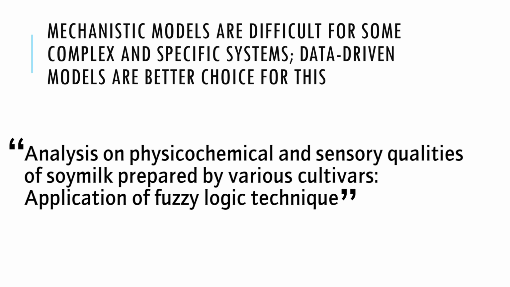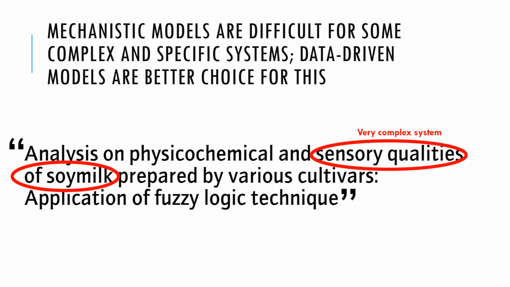This one is a study of a complex food system that is asking for some very specific answers. This is difficult to approach mechanistically. Here, a full-blown mechanistic model is unlikely to be the way to go, and a data-driven model would be a better choice that will go a lot quicker.